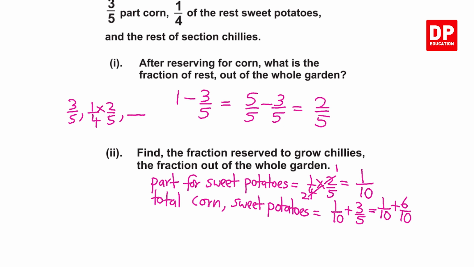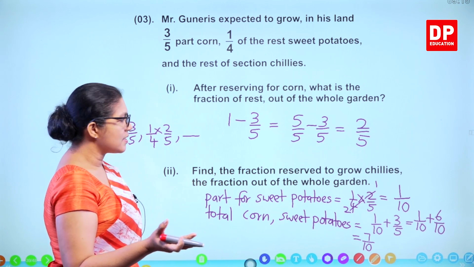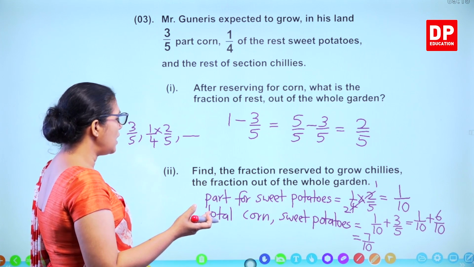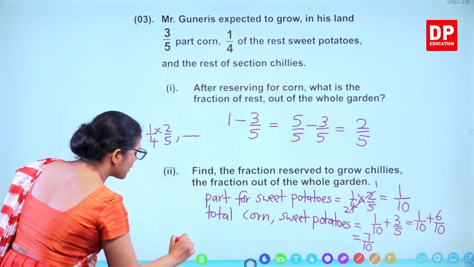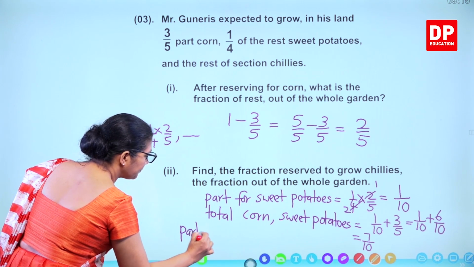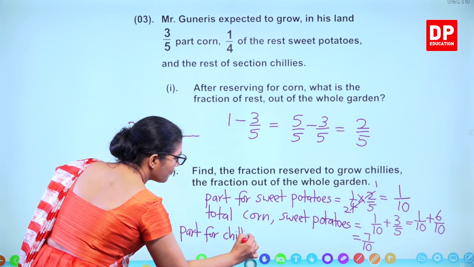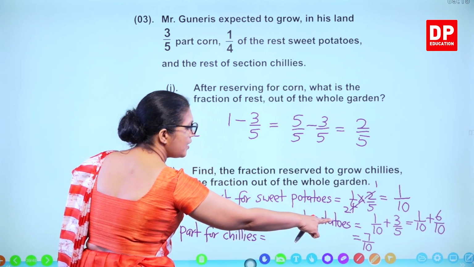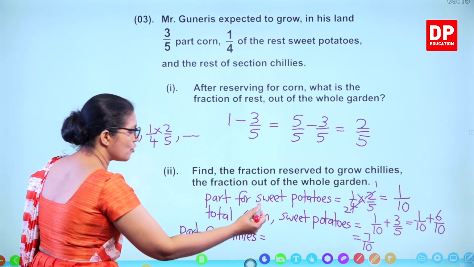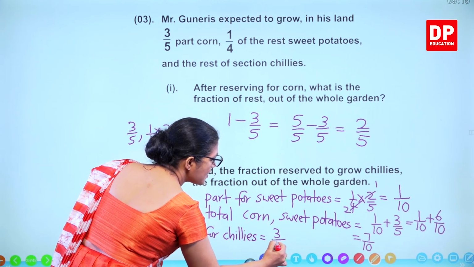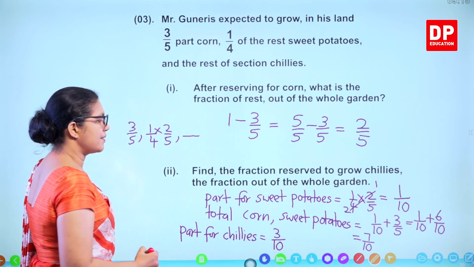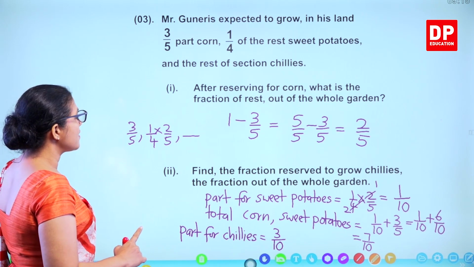So you get 7/10. So what's the remaining part? That's for chilies. 7 out of 10 gone. So the left part is 3 out of 10. So that's the answer for this one.